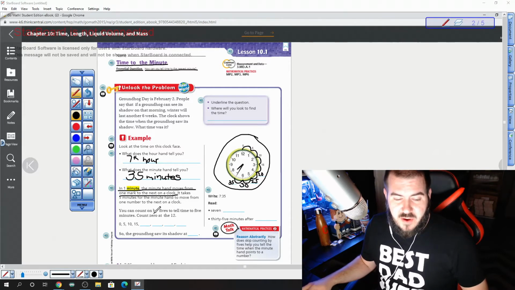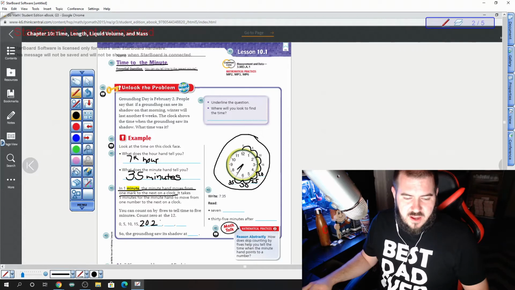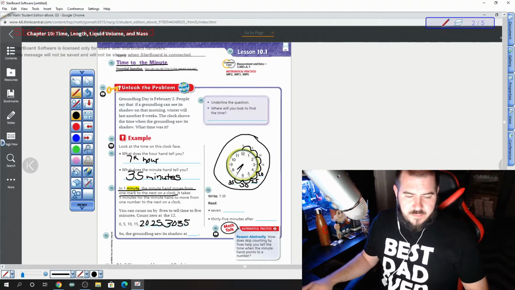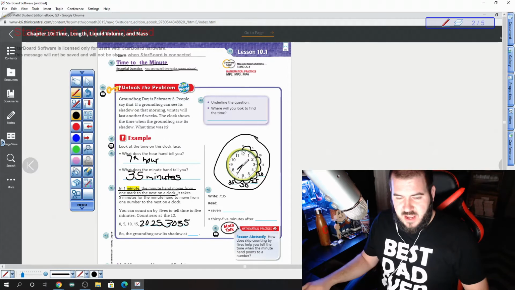Count 0 at the 12. So we've already done this. We're filling this in with the numbers we already used here. So 0, 5, 10, 15, 20, 25, 30, and 35. So the groundhog saw its shadow, and we figured out this minute hand stopped at the 7. That's 35. So we write that here as 7:35.